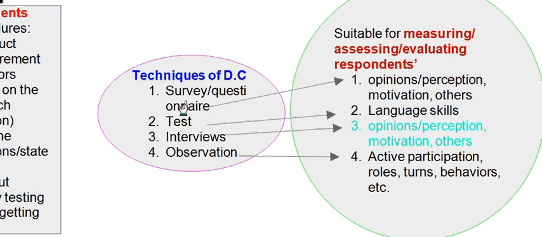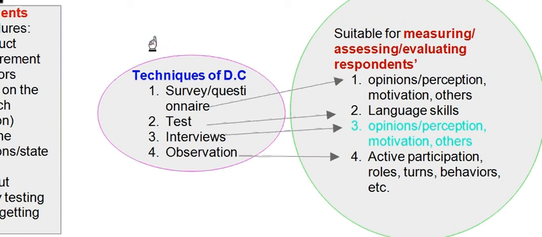Most of my students like to use survey or questionnaires and tests. Rarely do they use interviews and observations because these two techniques are closely related to qualitative research. So today, you may focus your analysis on understanding the survey or questionnaires and the tests.